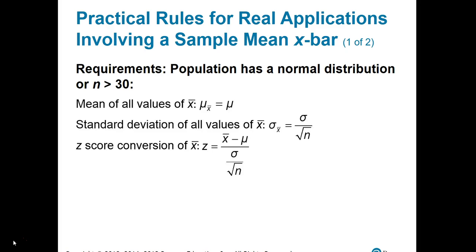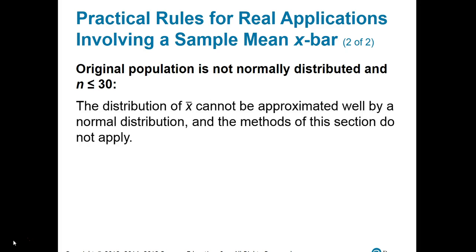And to do a z-score conversion for x bar, we have z equal to x bar minus mu over the quantity sigma over square root of n. A lot of letters, a lot of bars, square roots, plenty of Greek stuff. This will be a little bit clearer when we get to an example, which is coming up soon.